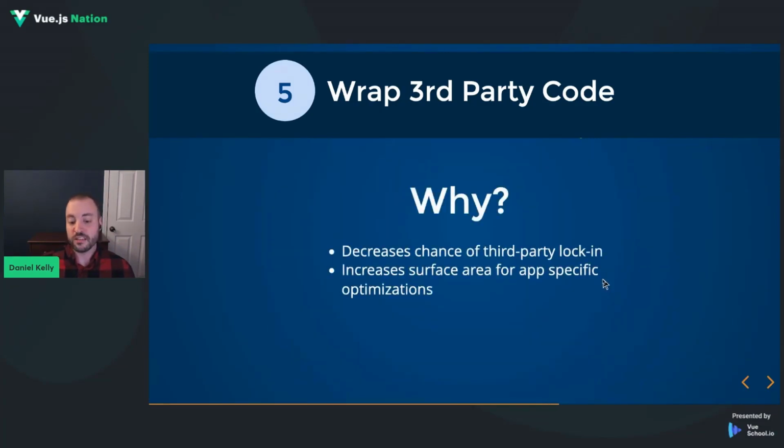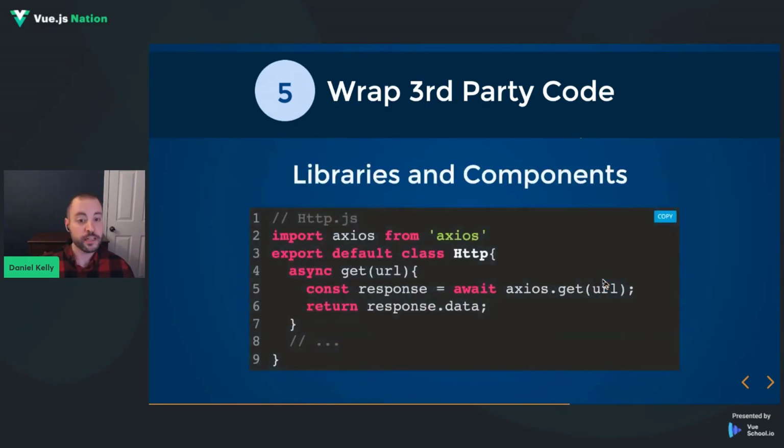Well, why would we consider doing this? Number one, it decreases your chance of third-party lock-in. And number two, it increases the surface area for app-specific optimizations. Have no idea what I'm talking about? Well, let's take a look at a quick example. So Axios is a third-party dependency we're all probably fairly familiar with.